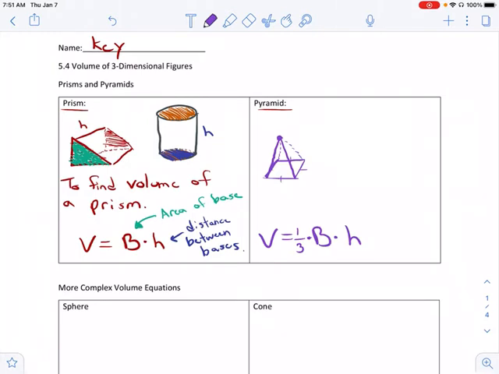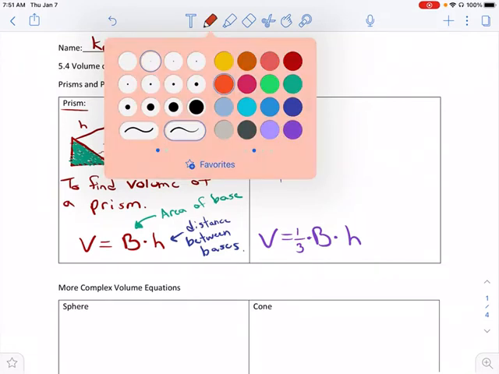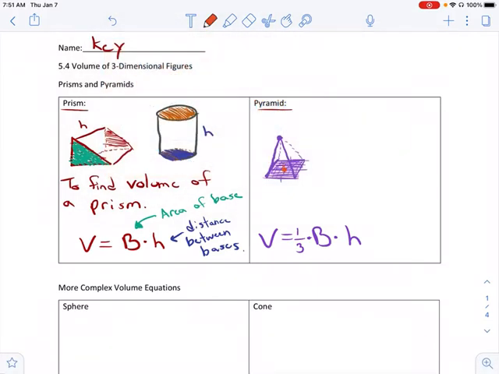But if I took the area of the base of my pyramid, which is generally easier to identify, and multiplied it by the height, which is the distance from here to the top, I end up over-calculating by a factor of 3 because there's a bunch of missing space within that volume. When I divide by 3, I fix this so that instead of finding the volume of a prism, I'm now finding the volume of that pyramid.